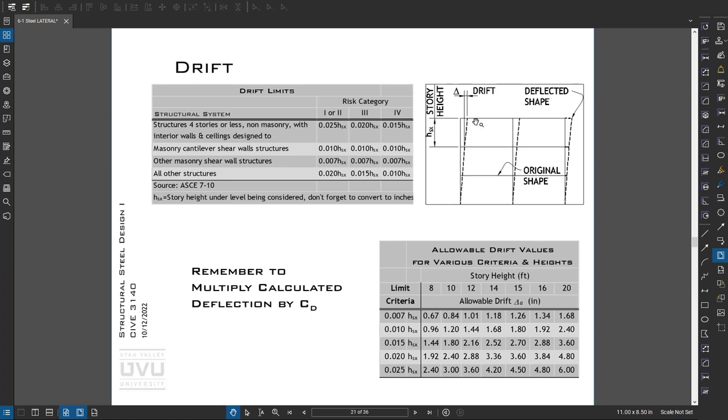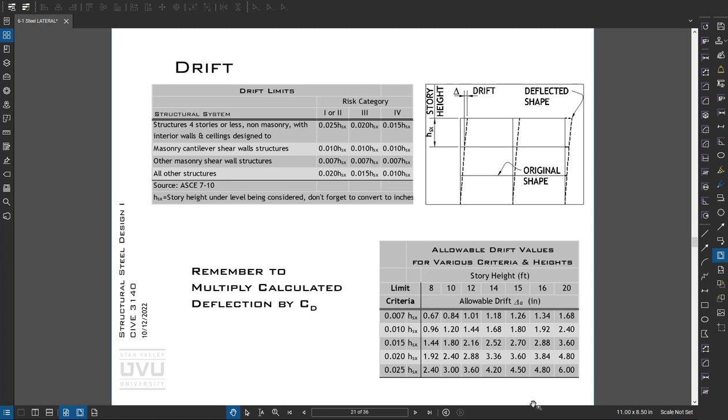So depending on the risk category and the structural system, we have different ratios of height. So in this case, it's 2% of the height is how much one story can move relative to the other. So in this table for different story heights and different criteria, I've calculated what those allowable drifts are. So this is the allowable side.